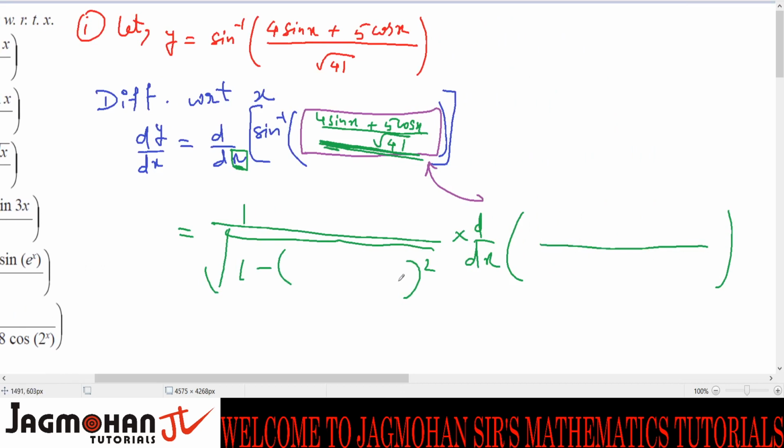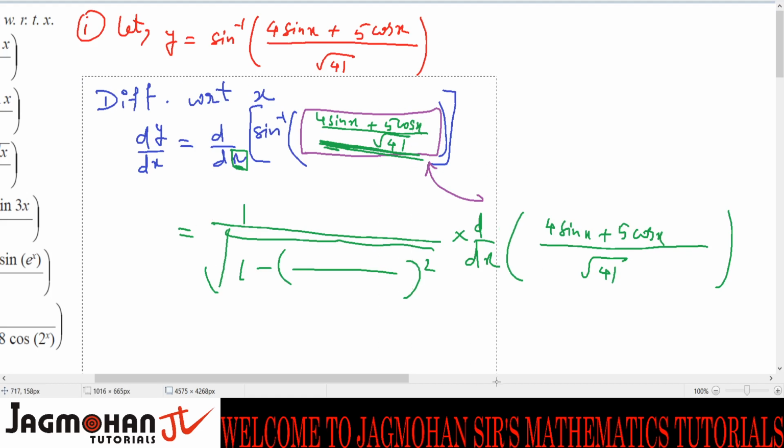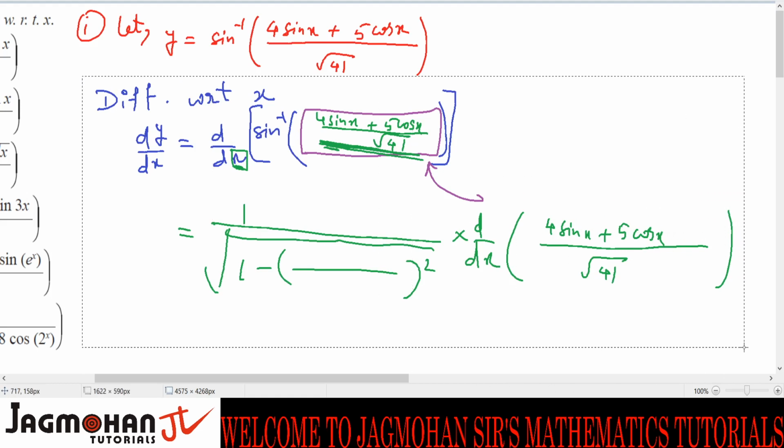Now here you have 4 sin x plus 5 cos x upon square root of 41, which you will have to square, and here also you have 4 sin x plus 5 cos x divided by square root of 41. See students, it's going to be difficult doing this. I don't say it is impossible. Mathematically it is possible, but it is difficult. We have another simpler way of solving this. Then why should we go for this?